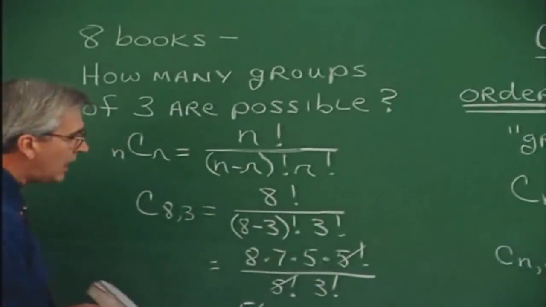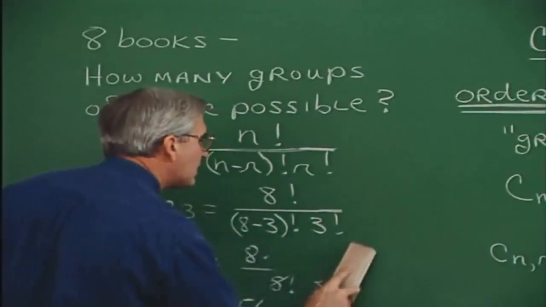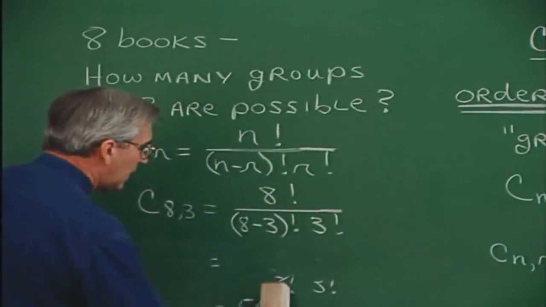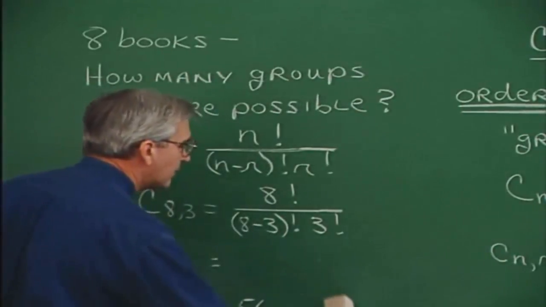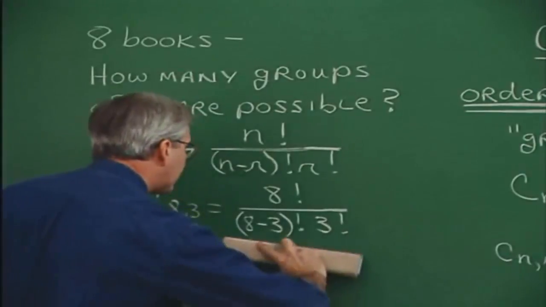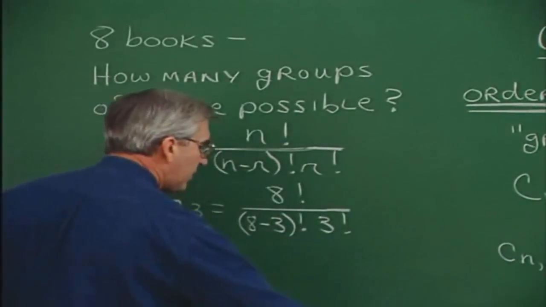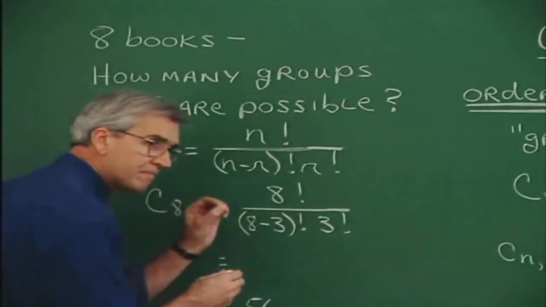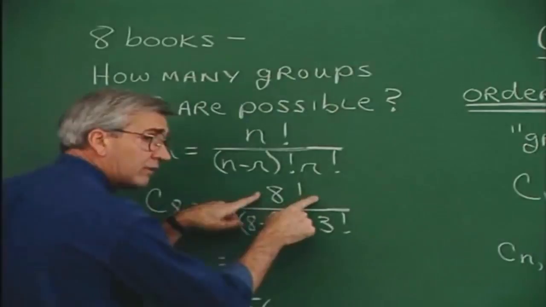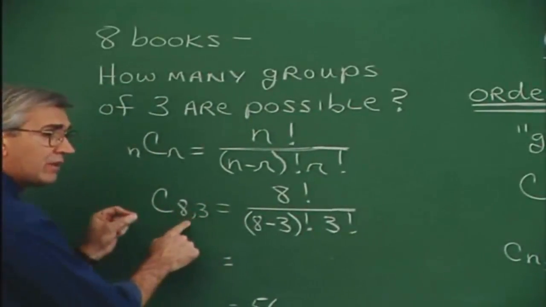Before we leave this problem, I'd like to show you a shortcut right here. Instead of writing what we wrote, we can take this kind of tactic. If it's 8 things taken 3 at a time, the numerator can be thought of as being composed of 3 factors starting with 8.